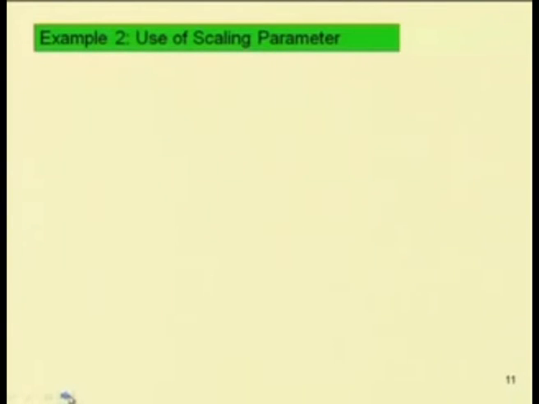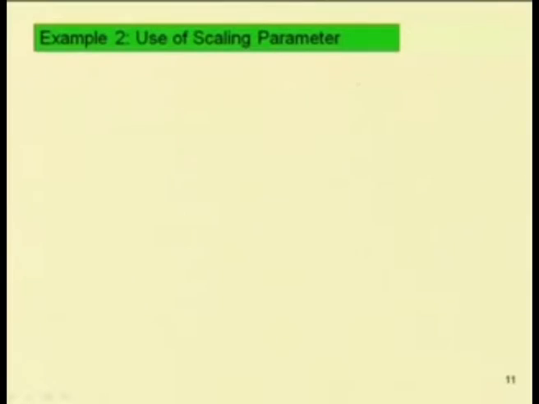Now we have seen the use of a scaling parameter. In both cases we took x equal to 0.1 y and found the equation. But in this case the forcing term is unchanged by using that expression.